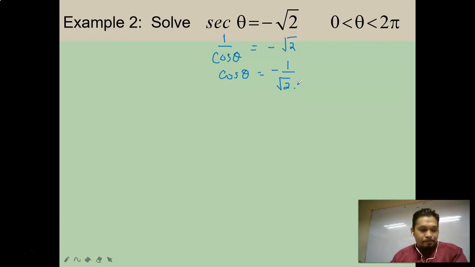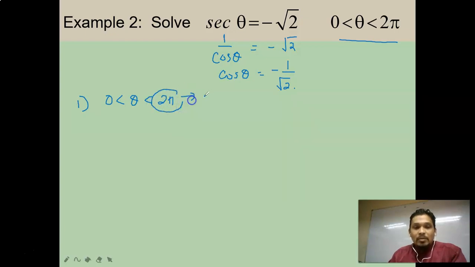So the first one here, step number 1, the range given then theta lies in between 0 up to 2 pi. 2 pi in radian is considered as 360 degree. So we are talking about an angle with a full cycle of 360 degree here.